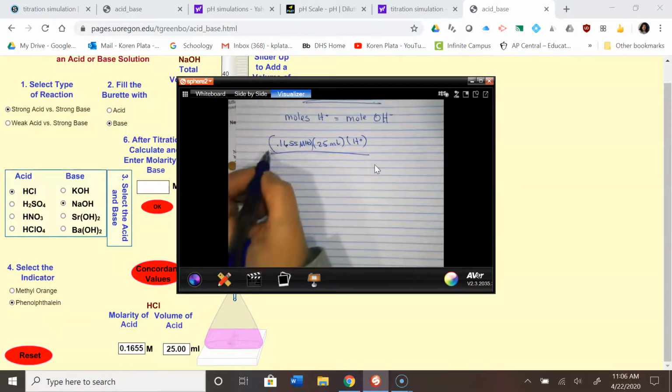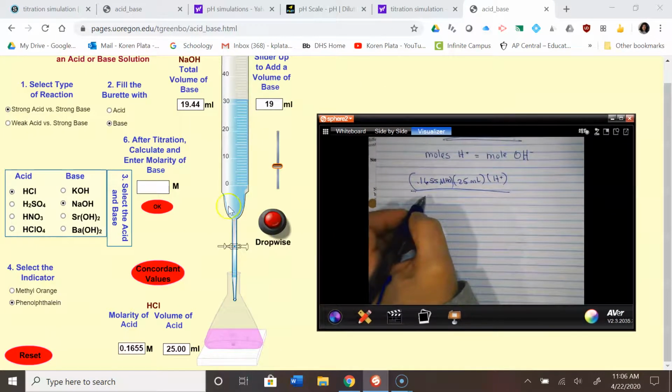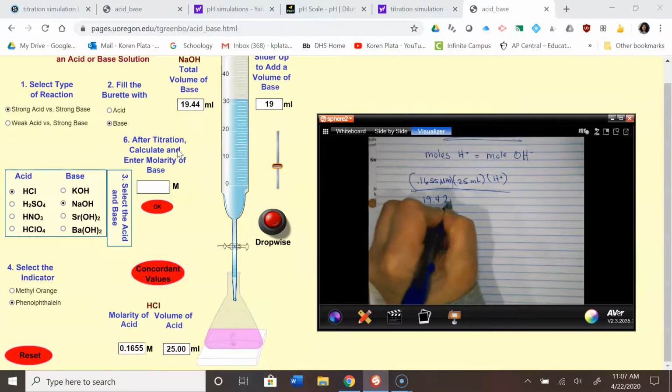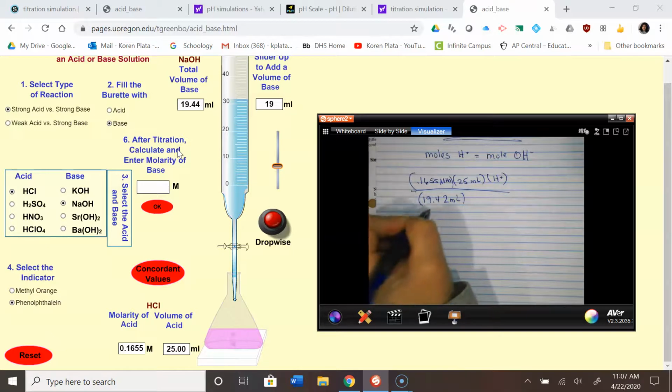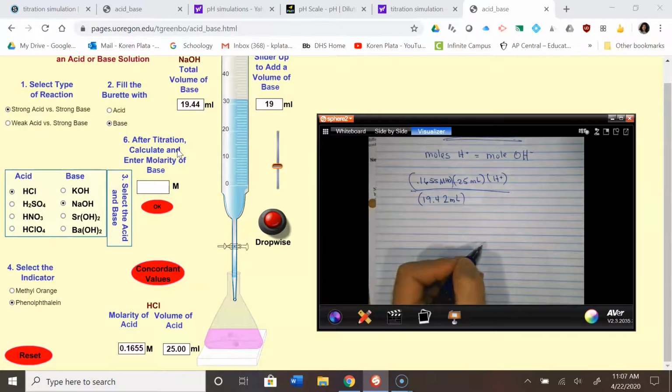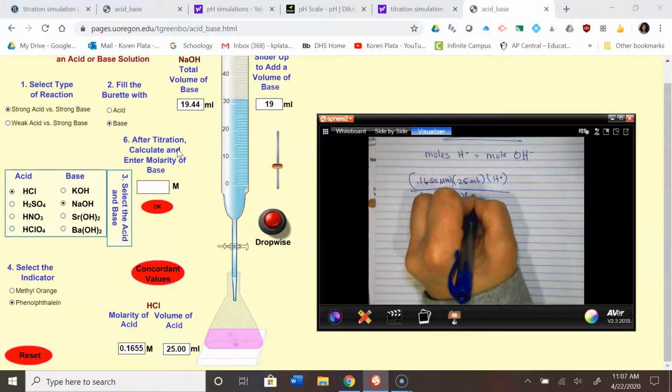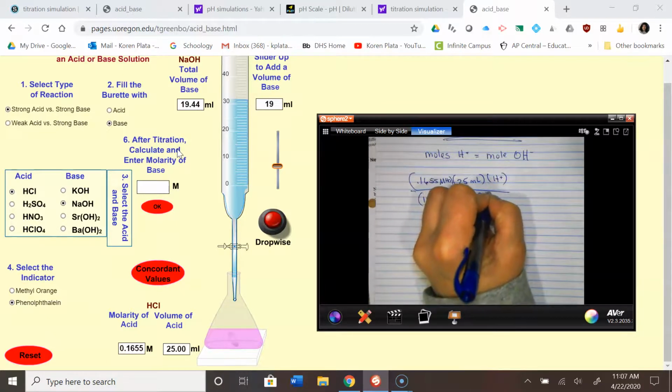Well, I need to figure out the molarity. That's my unknown, and I used 19.42 milliliters, because I'm taking it back down since I added that extra drop by accident. And again, OH minus is just 1 because it's sodium hydroxide.